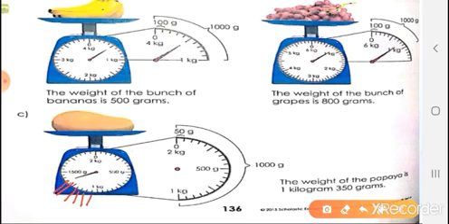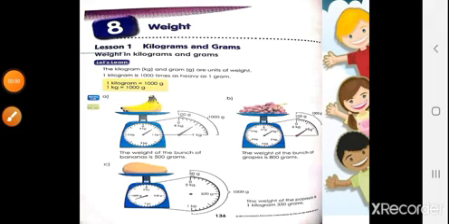And the last we have 1 kilogram and 350 grams. So that is the last one. So the weight of the papaya is 1 kilogram and 350 grams. So here we have learned how to read these scales. Let's move ahead.